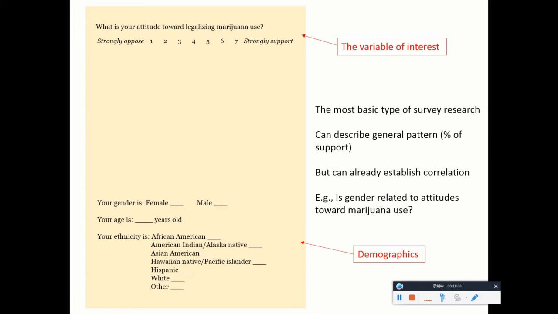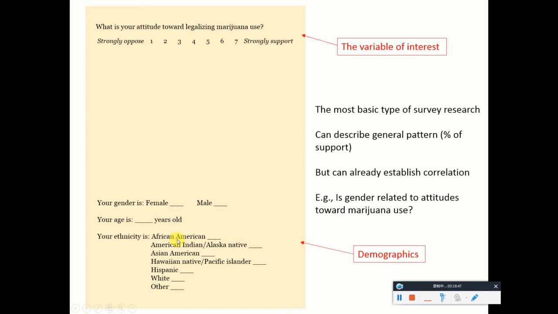For example, we can see whether gender correlates with attitudes toward marijuana use. We can ask, are men generally more supportive of legalizing marijuana use, or are young adults more likely to be supportive of legalizing marijuana use than older people, right?